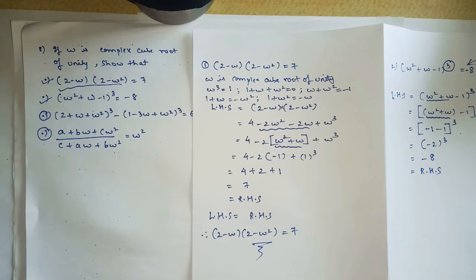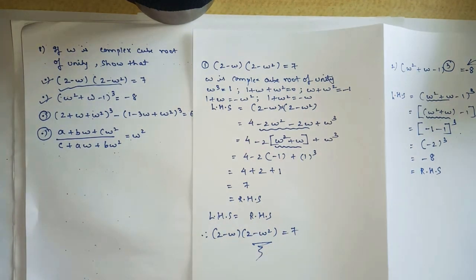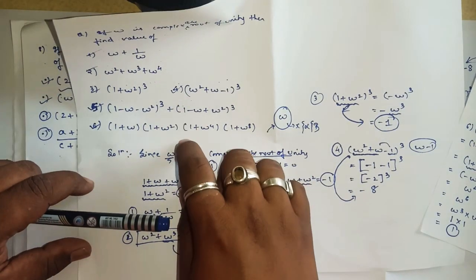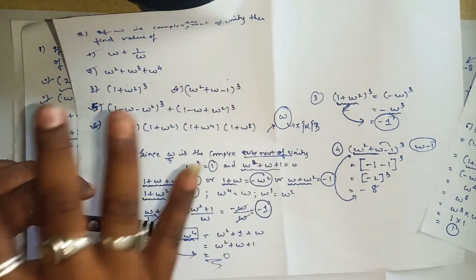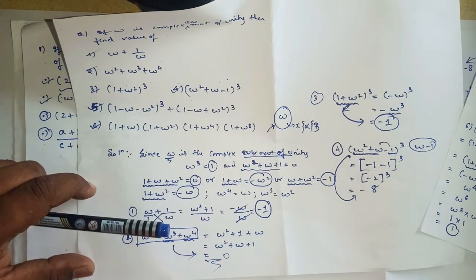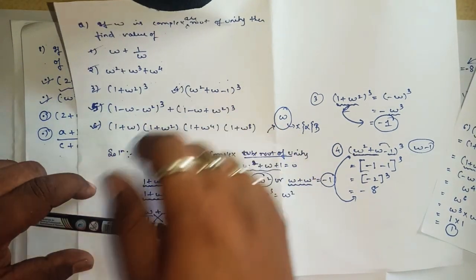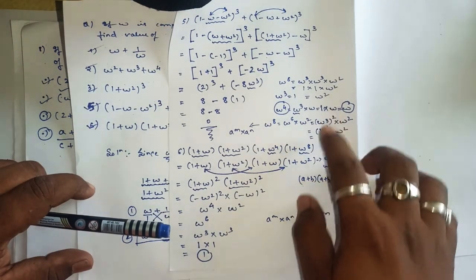Okay, so we'll have just a short review of what exactly we did in this lecture. So in this lecture we covered these two sums, fifth one and sixth one, from the exercise. It is from the exercise only, it is not any additional sum. So in the last video lecture we did the first four sums. So in this lecture we took the question number fifth and question number sixth.